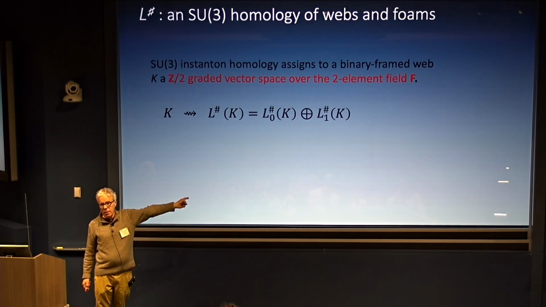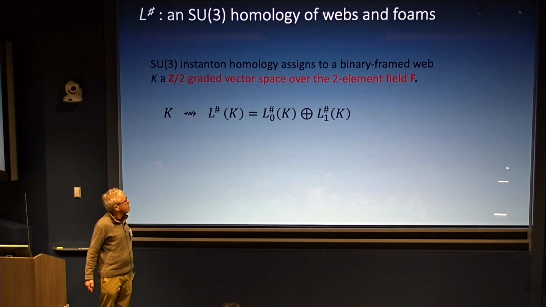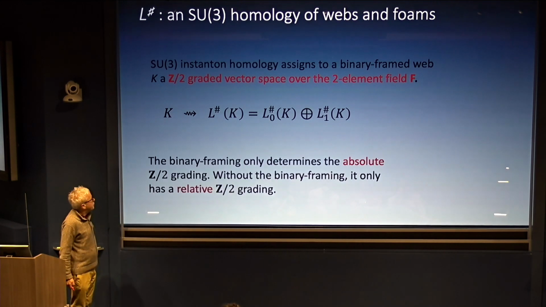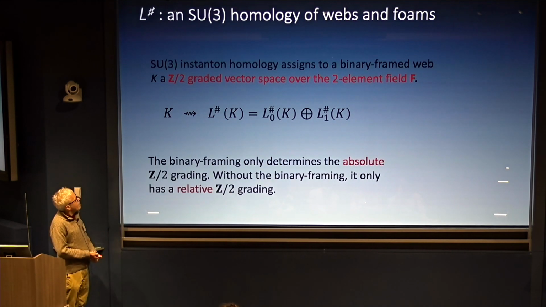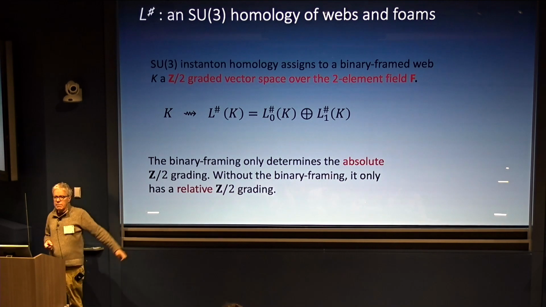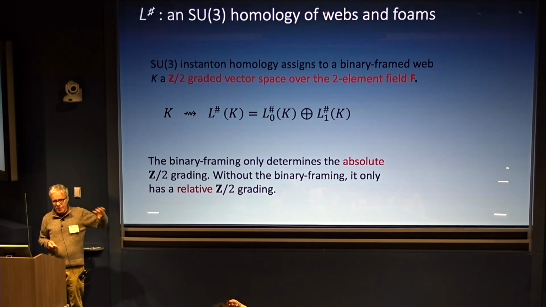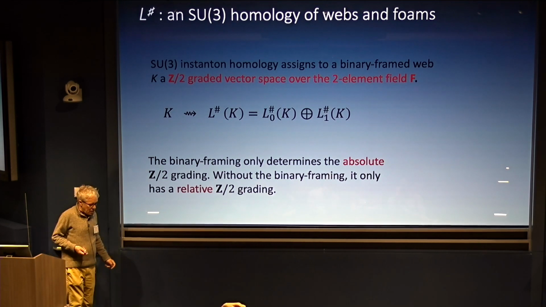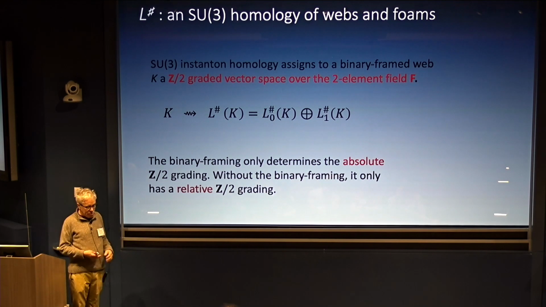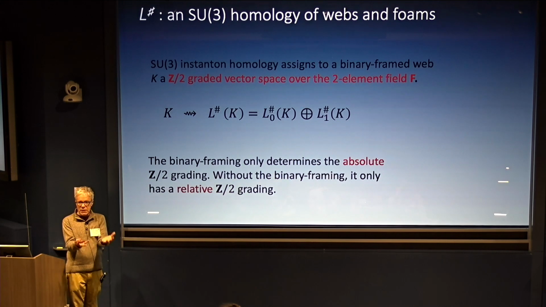It's got an even part, L0, and an odd part, L1. It's an invariant of binary framed webs, but the binary framing is just there to fix the absolute Z mod 2 grading. Without the binary framing, L is just the sum of 2 pieces, but you don't know which to call even and which to call odd.